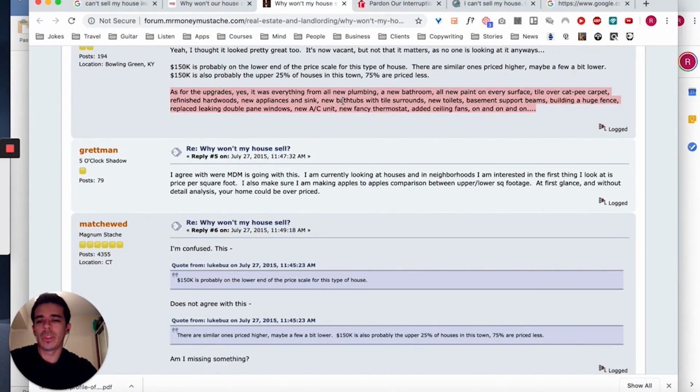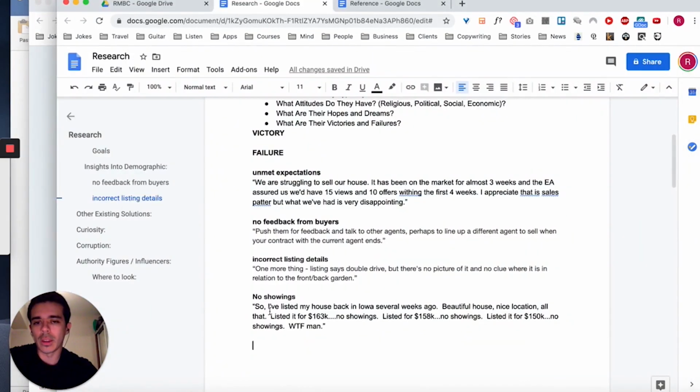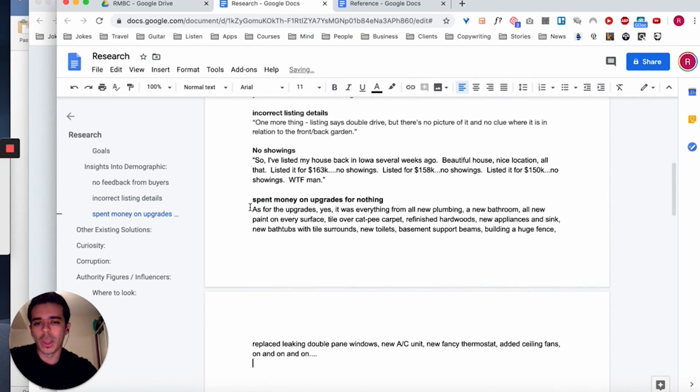Upgrades. So this guy spent money on upgrades and didn't see a return. And I'm being very careful too, because if you're not targeting investors who are selling their house, then this is secondary stuff.